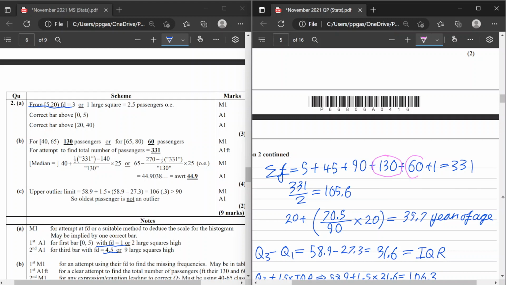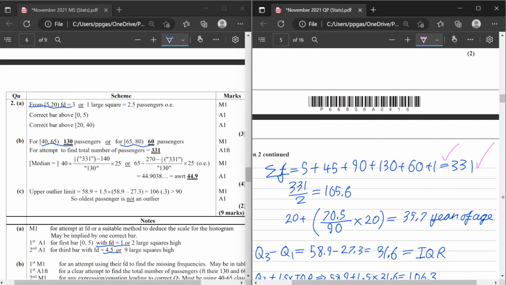And then I've also got the 60 passengers there for the 65 to 80 group. That's what I'm getting that first method mark for, so I think I can tick that. Then for an attempt to find the total number of passengers, 331, which I got, which is nice.